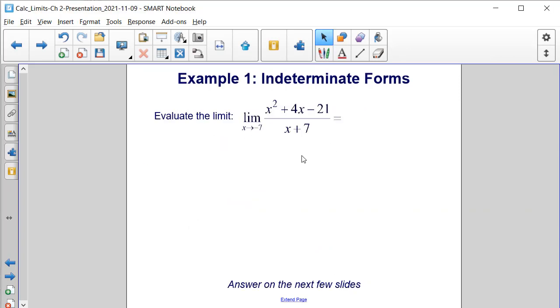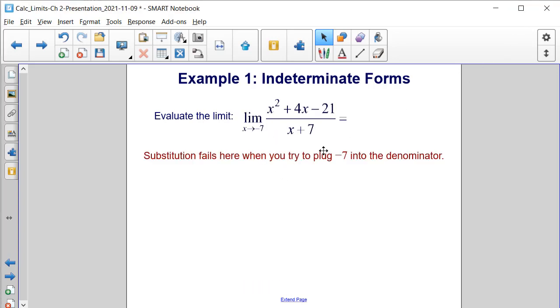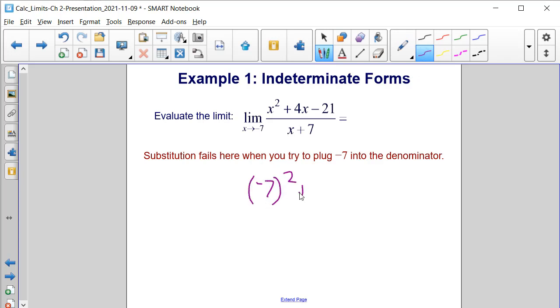Let's try to evaluate this limit. We're doing the limit of the rational function x squared plus 4x minus 21 divided by the quantity x plus 7 as x approaches negative 7. Well, substitution fails here when you try to substitute negative 7 in, and we can show that because we would have negative 7 squared plus 4 times negative 7 minus 21, and then divided by negative 7 plus 7.